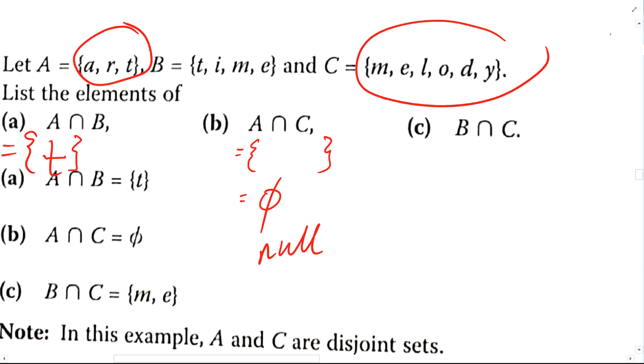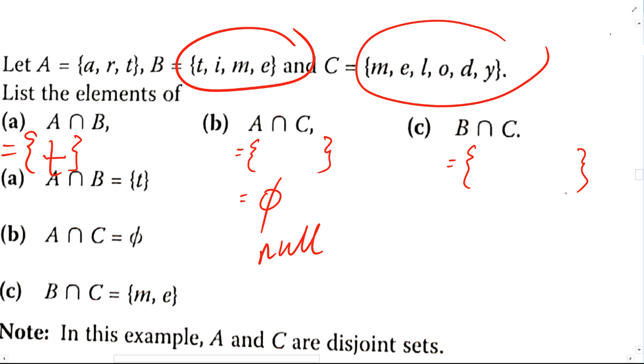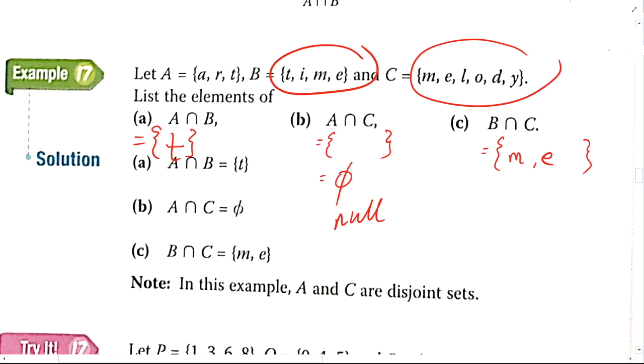Okay, next one. B intersect C. Compare these two. What are the elements inside? Do it step by step, one by one. T. Is T common? No. I. Is it common? No. M? E? Okay, that's it. So here, now.